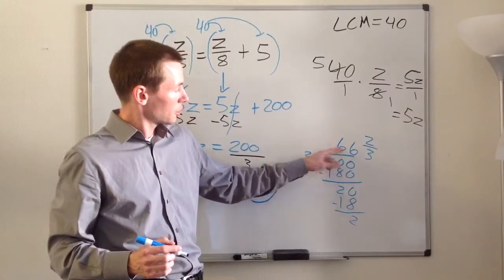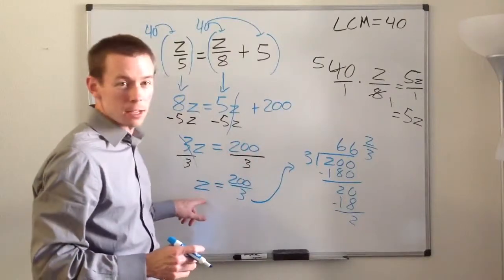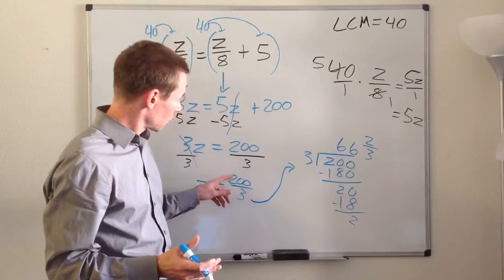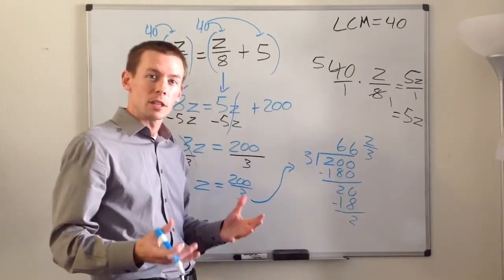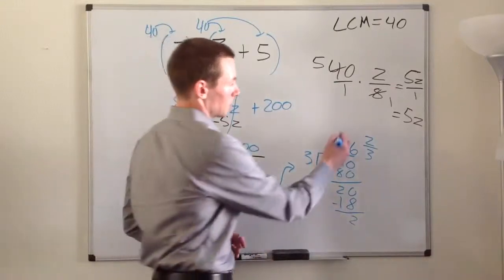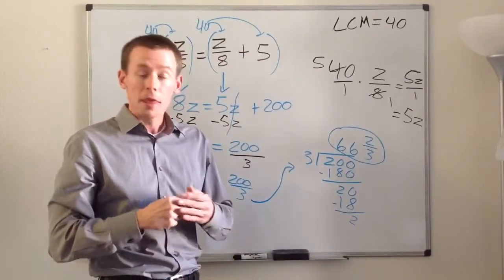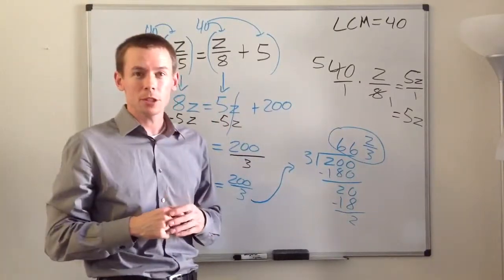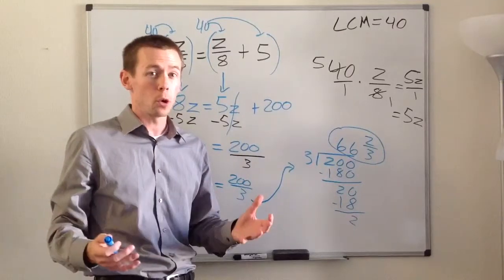So the answer is 66 2/3 for z. So depending on how the program wants it, it could accept 200 over 3, but technically an even simpler form would be 66 2/3.